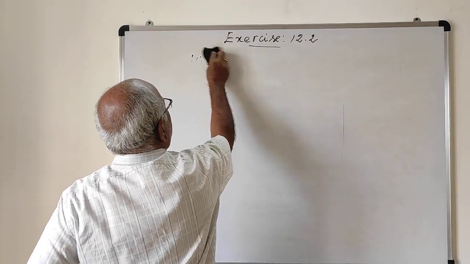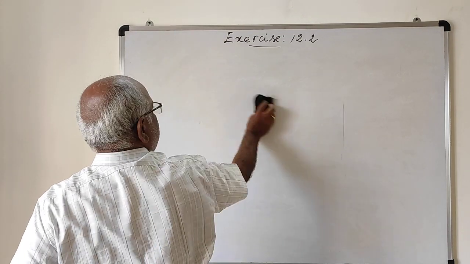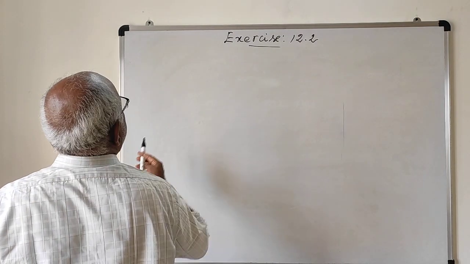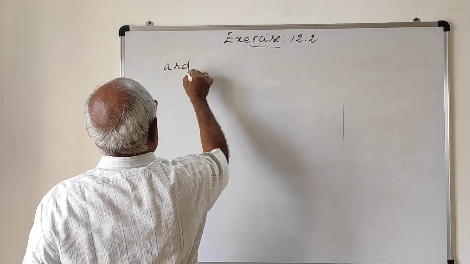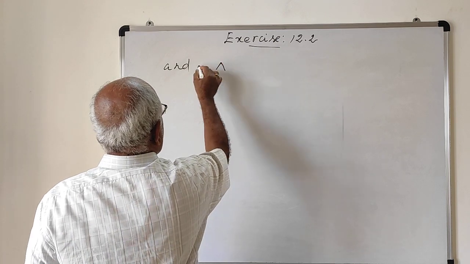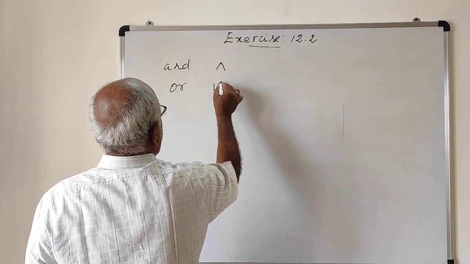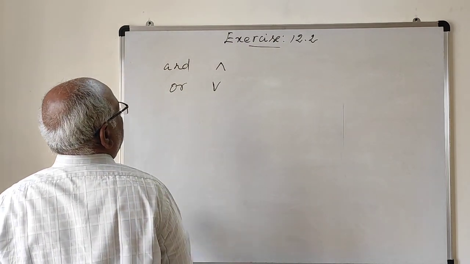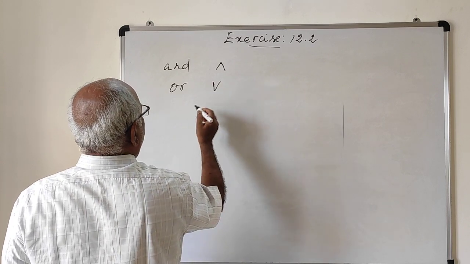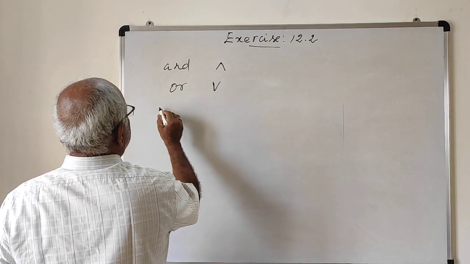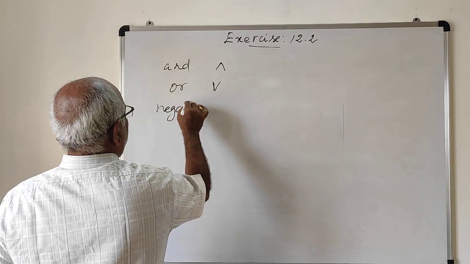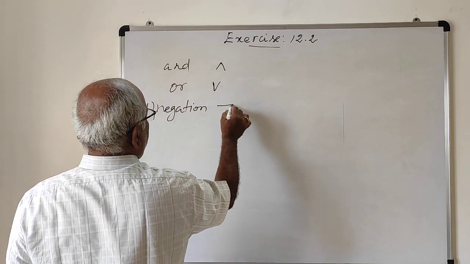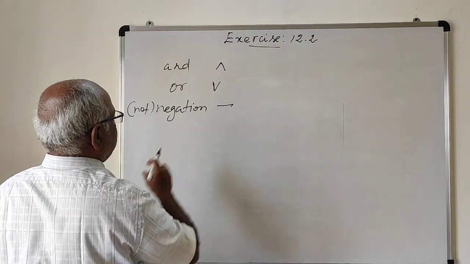See, you recall the notations once again. And is replaced by conjunction, or is disjunction. Negation, not, is denoted by a symbol like a line.